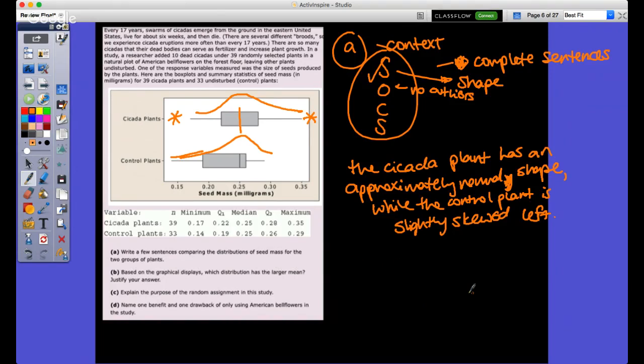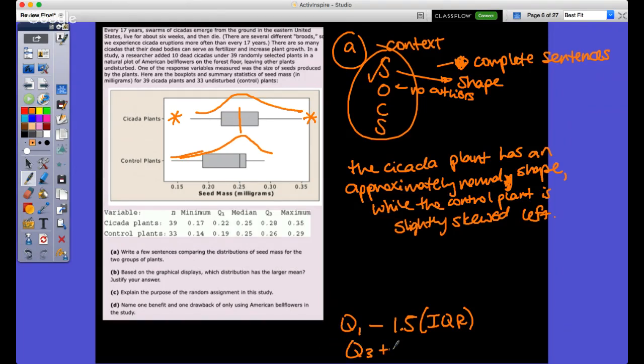Something important to recognize is our outlier formula, which uses 1.5. Sorry, that was weird. Q1 minus 1.5 times IQR is my left-hand boundary, so anything to the left of this would be an outlier.